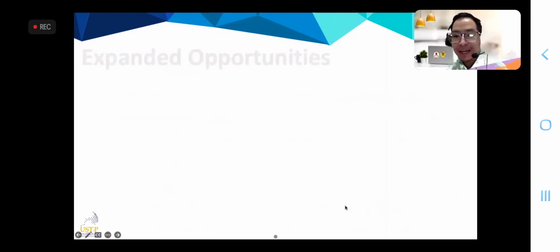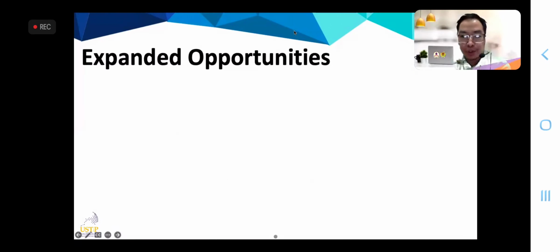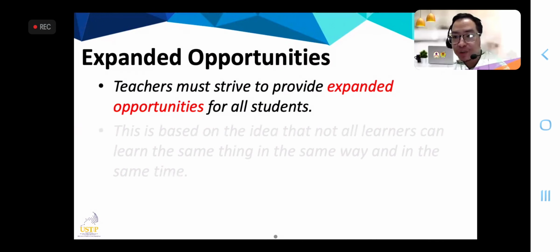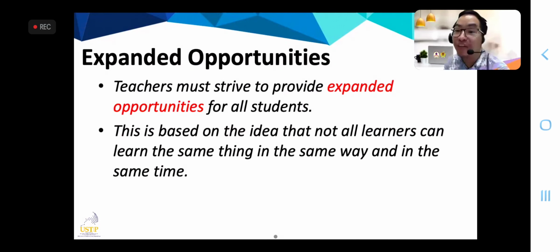And lastly, expanded opportunities. What does expanded opportunities mean? The teachers must strive to provide many opportunities for all students. What I called enrichment activities earlier, according to Spady, is not enrichment, but expanded opportunities. I forgot the right term. No? This is based on the idea that not all learners can learn the same thing in the same way and at the same time.